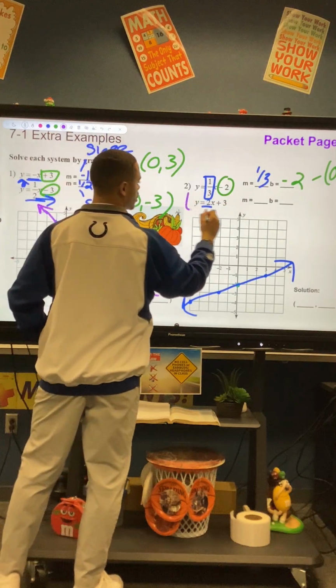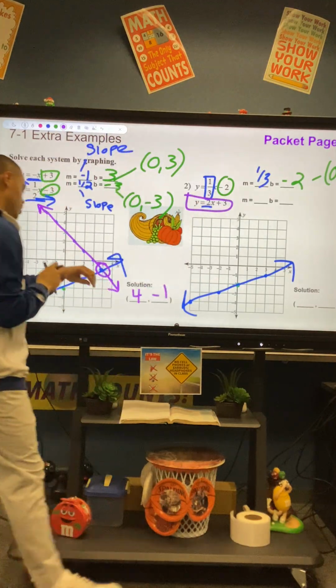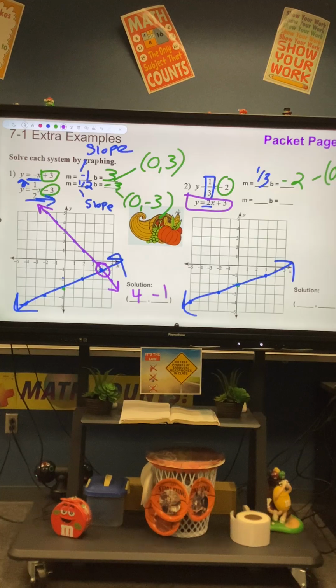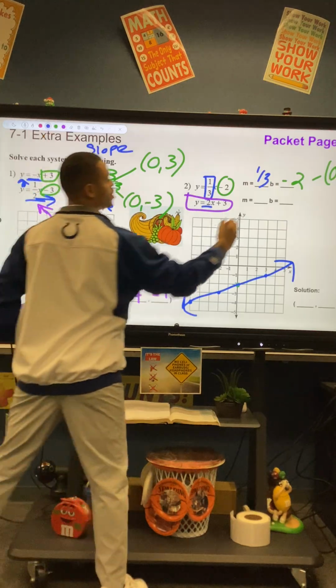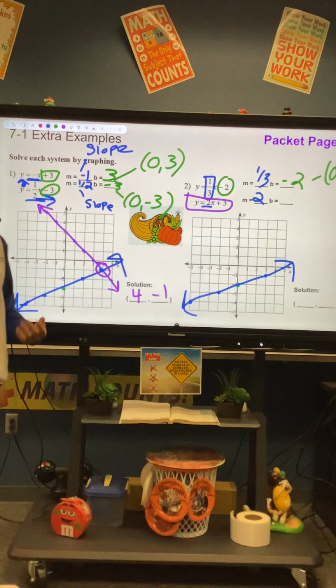Just focus on this line right here. My M value is just that number that's next to my x. So what's the number that's next to my x? 2. Yeah. So my M value is what then? 2. Don't try to overcomplicate it. Right now we're real simple.